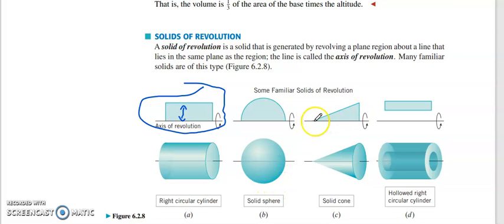Now if you have a right triangle and you revolve it around an axis of revolution, this line, that will give us a solid cone. Solid cone in the sense that the interior of the cone is also included.